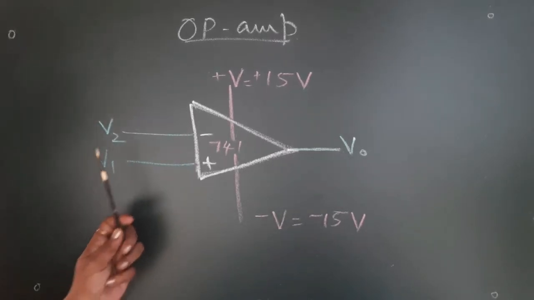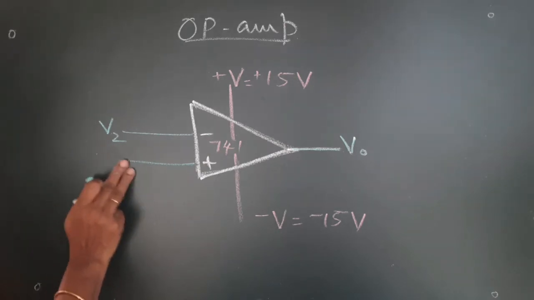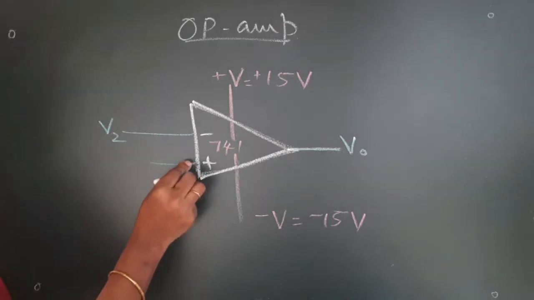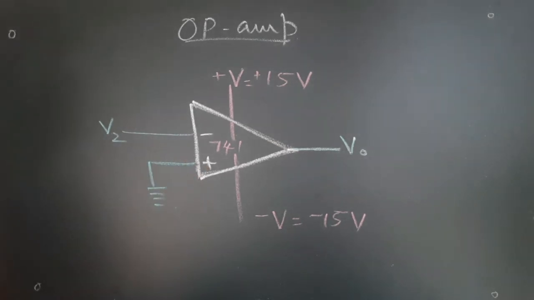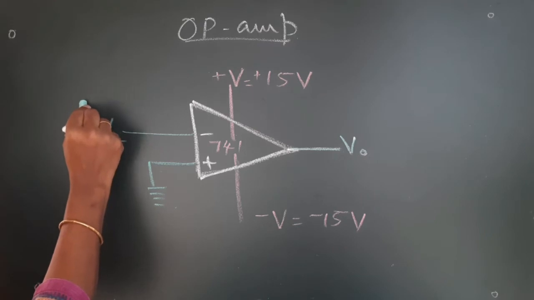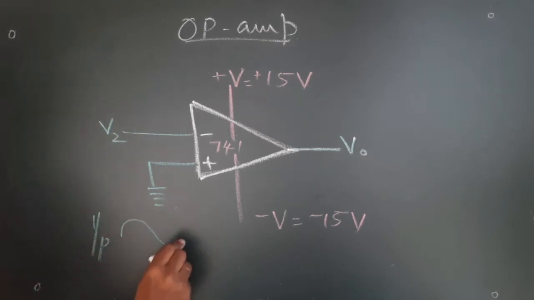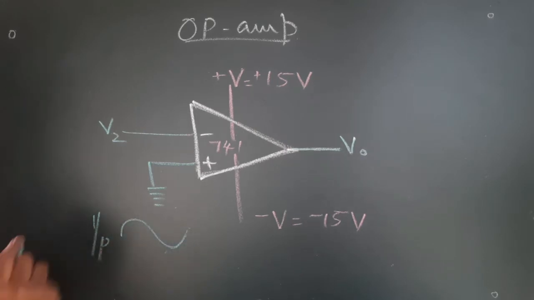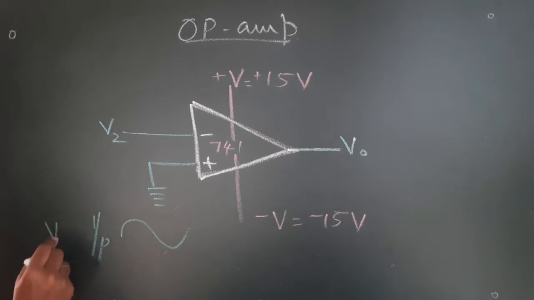To understand the concept of inverting and non-inverting, let us try this. I will ground this non-inverting terminal and apply an input signal in this manner. So I am applying this at the inverting terminal.